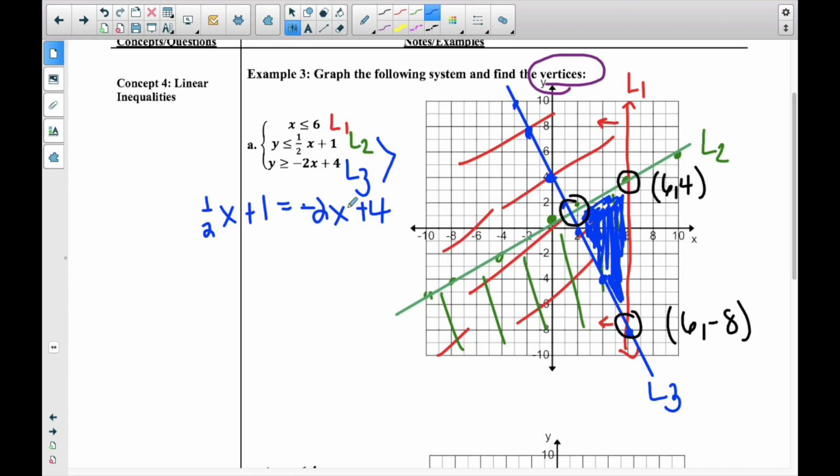So I'm going to do my math here. I'm going to add 2x to both sides. That gives me 2.5x. Well, 2.5 as a fraction is 5/2. I'm going to subtract my 1 the other way, and I get 3. And so now I need to solve for x, so I need to multiply both sides by 2/5. And so I get x equals 6/5.